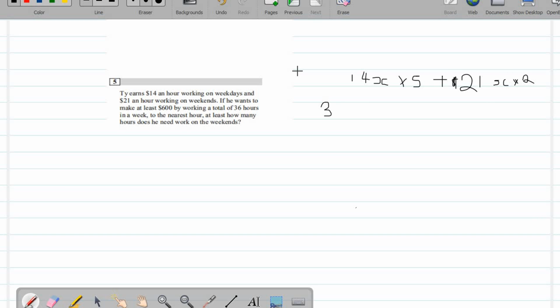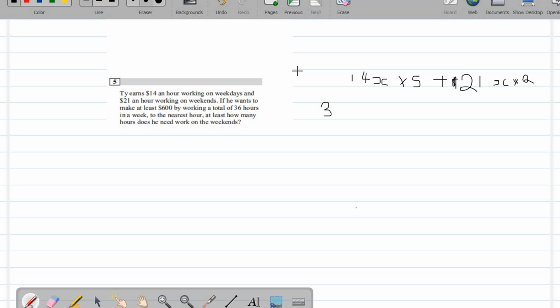But we need to recalibrate this equation, because you have $14 an hour on weekdays and $21 an hour on weekends.